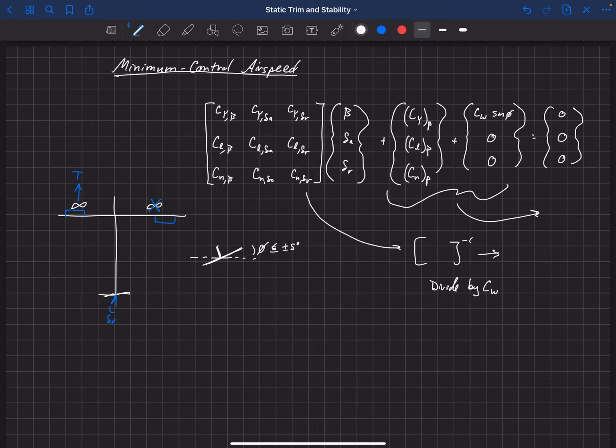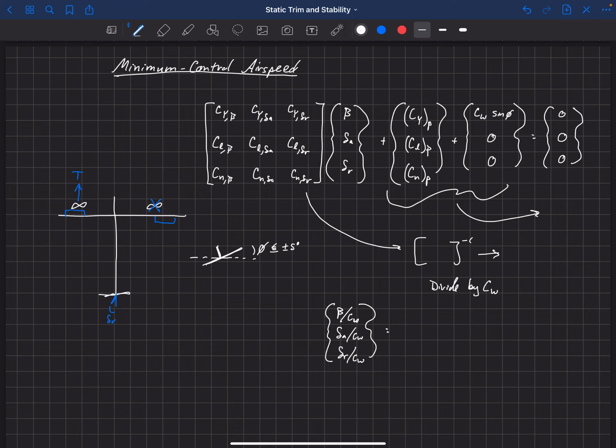Okay, so I'm not going to walk through each of those steps. Let's just write down what that looks like by the time we're done here. So what we end up with is we're going to divide the right and the left-hand side by this weight coefficient. So on the left-hand side, we're going to be left with this vector here, beta over CW, delta A over CW, and delta R over CW.